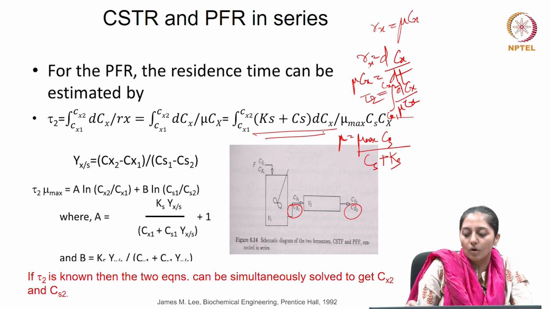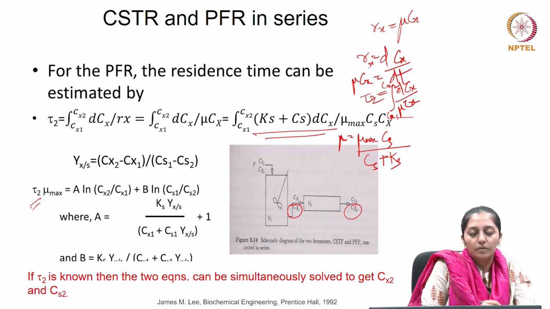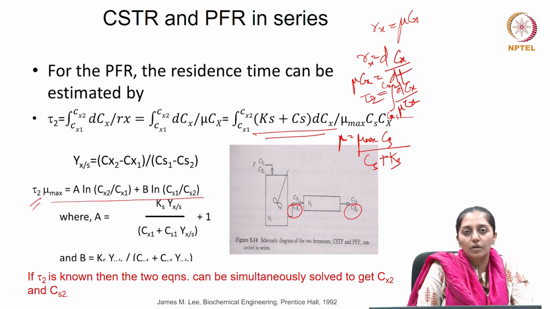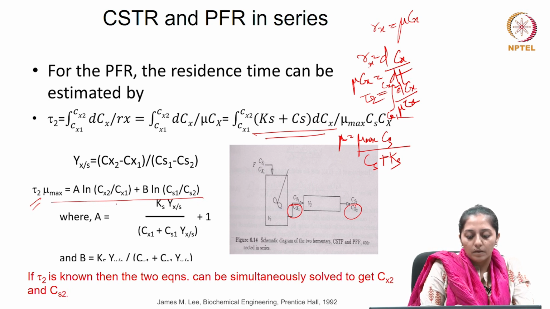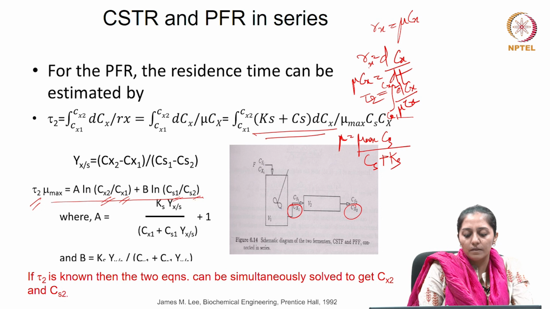And once we solve it, tau 2 is the residence time. This is nothing but your batch design equation, which we have already done earlier. If you put in your limits, it becomes a function of Cx2, Cx1, Cs1 and Cs2. In terms of the yield coefficient, Yx/s is the biomass produced per unit substrate consumed in this reactor.